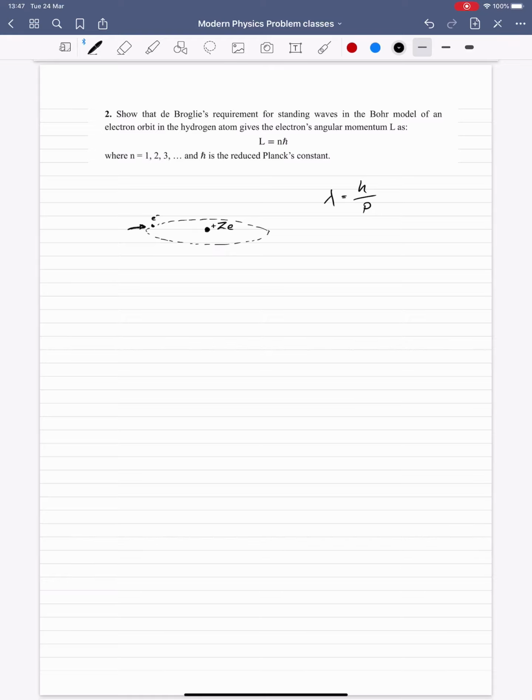Basically, what de Broglie has said is that this wave must be oscillating around this nucleus as if it was a standing wave, where if you were to unwrap this wave behavior, it would look something like this.